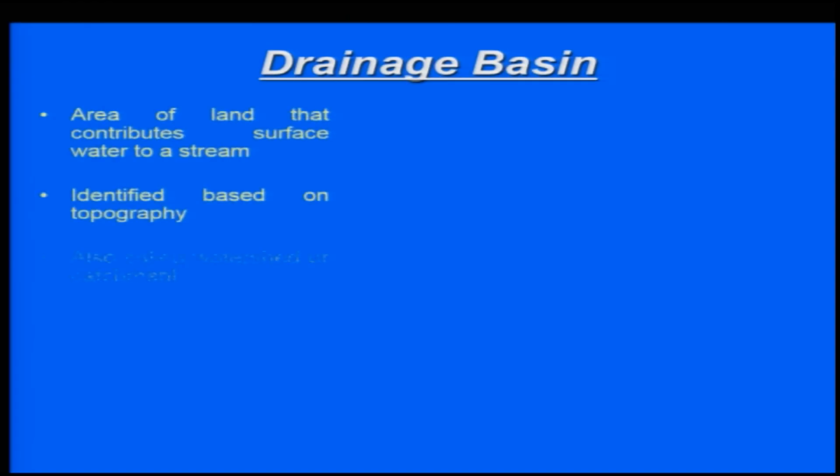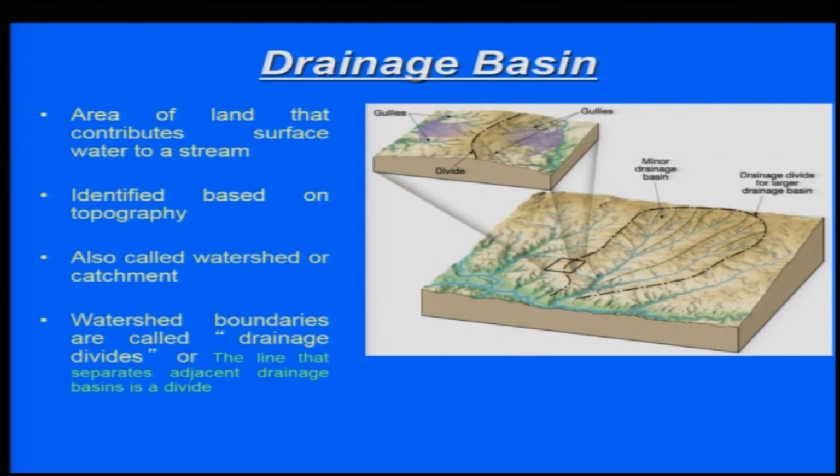Other than that, we have another one, the drainage basin. Usually we take into consideration different types of drainage patterns. A drainage basin consists of the main stream and the tributaries, and within the main basin you will have sub-basins also.